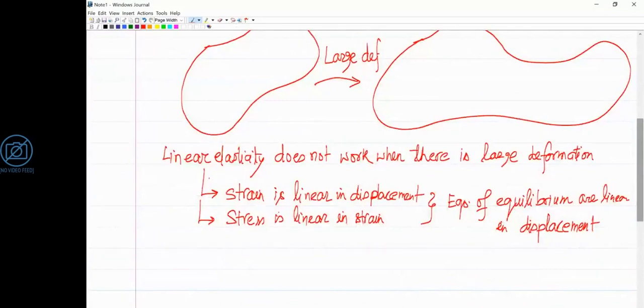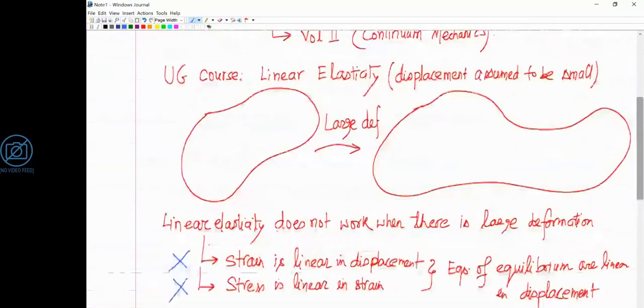But whenever we have large deformation, then both these assumptions fail. Neither is the strain linear in displacement, nor is stress linear in strain. And that's why we call it non-linear elasticity. So the first thing, of course, is linear elasticity.